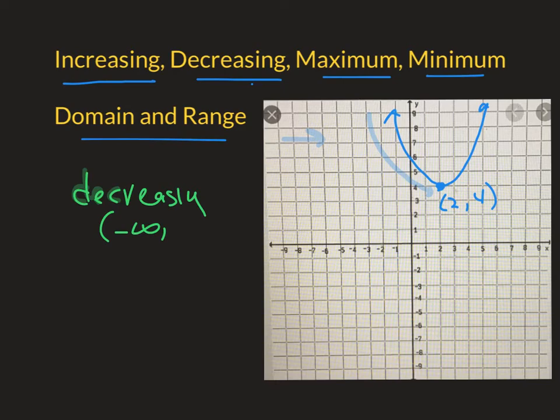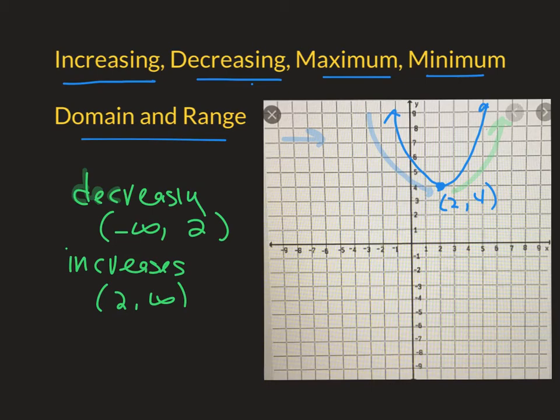We're just using the x because we're looking left to right. Because we're looking left to right, we use the axis that goes from left to right. So it's decreasing from negative infinity until it gets to 2. Once it gets to 2, it starts going up like this, starts increasing. So when we say it increases, it's increasing from 2 to forever. So that increasing, decreasing just means where's it going up, where's it going down.